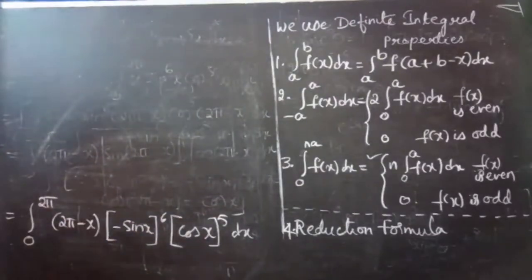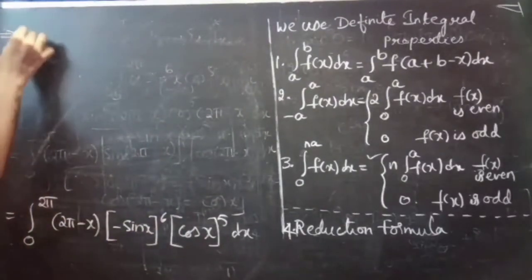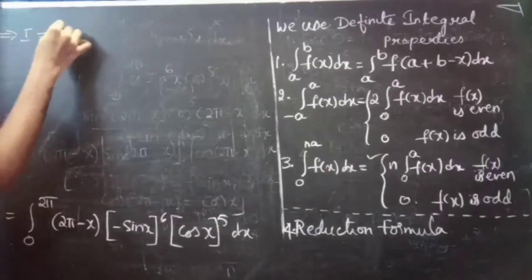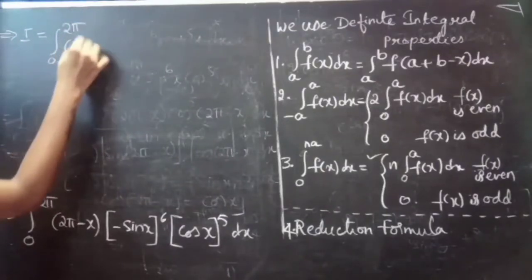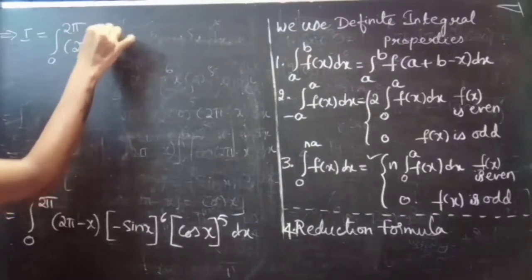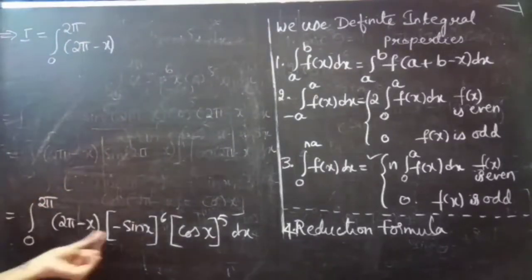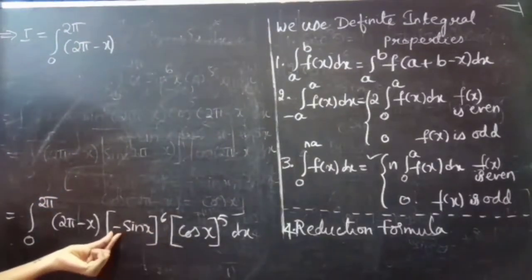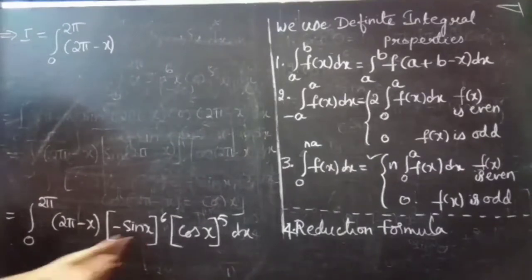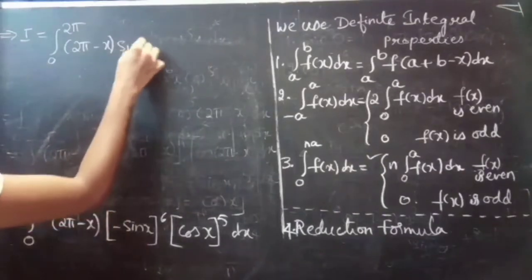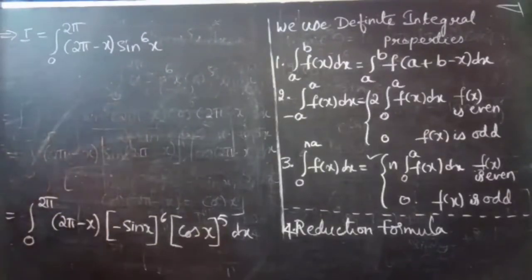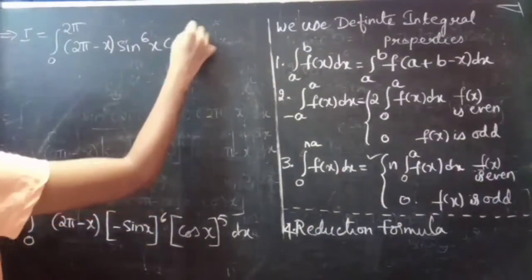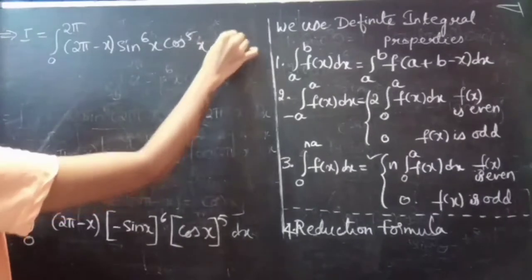So this implies I equals the integral from 0 to 2 pi of (2 pi minus x) into sin power 6x into cos power 5x dx.